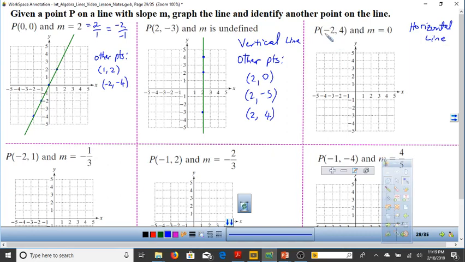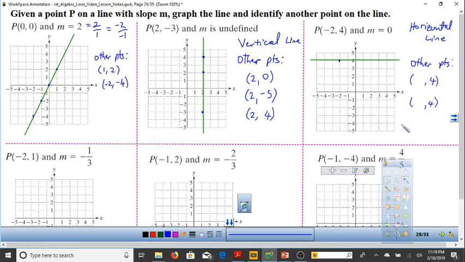So I look for the point negative 2, 4, and then I draw a horizontal line through that point. And that means other points on the line are just points where the y-coordinate is the same, 4. So something, 4.